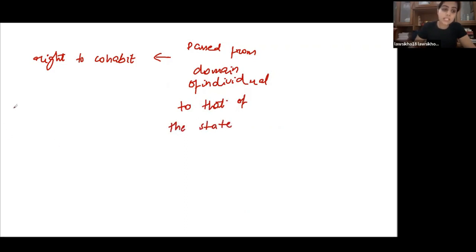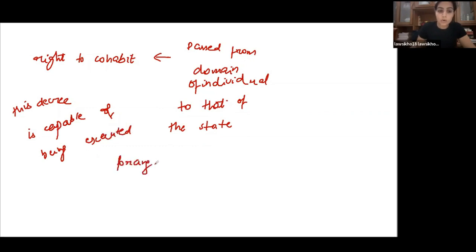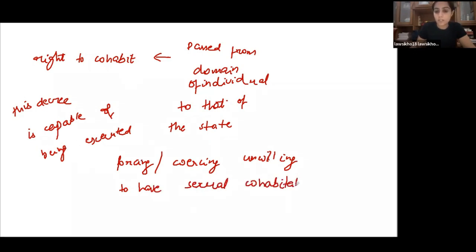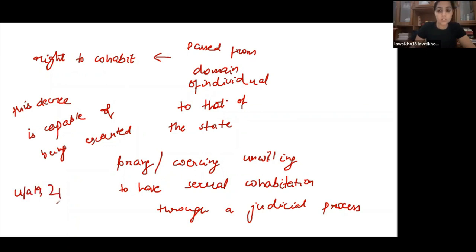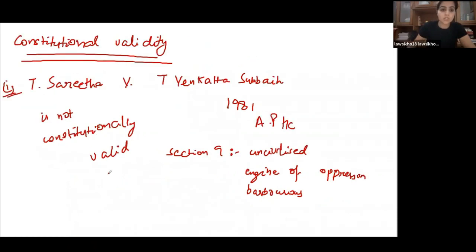And also, since this decree is capable of being executed, ultimately what's happening is that you are coercing the unwilling spouse to have sexual cohabitation, that too through a judicial process. And hence, this provision is violative of Article 19 and 21 of the Indian Constitution. So this judgment took a stance that this provision is not constitutionally valid.